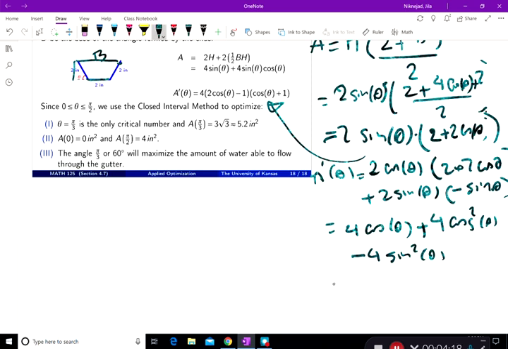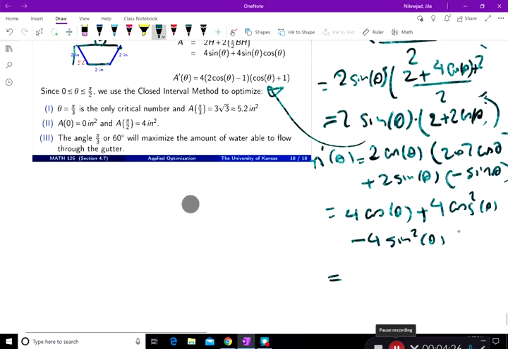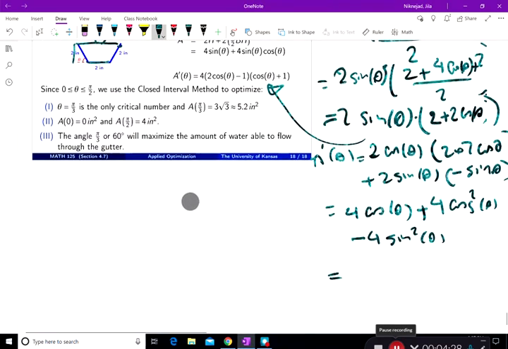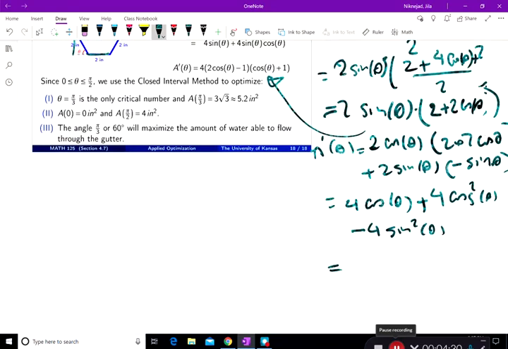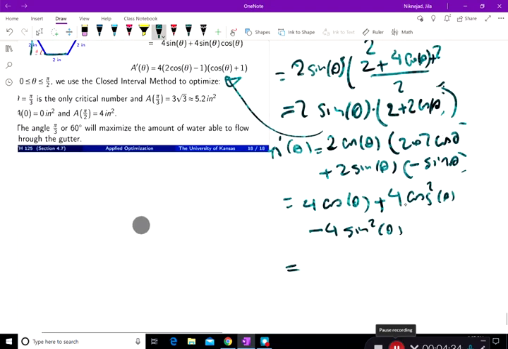And at this point, if I want to set this equal to 0, for any trig equation I'd like to have the same trig functions in there, and sine is not the same as the rest.